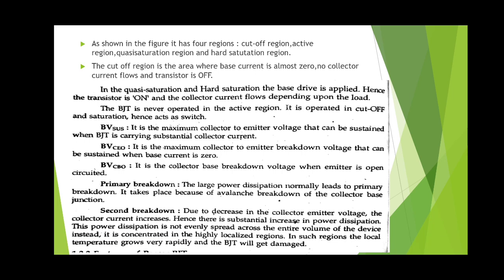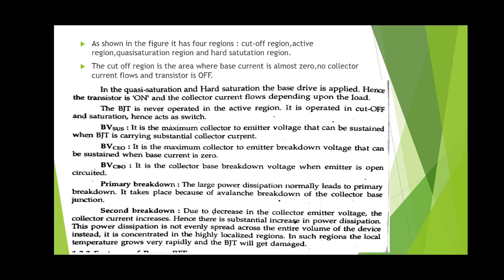When the applied voltage is more, the avalanche breakdown takes place. The large power dissipation normally leads to primary breakdown. In BJTs, the emitter base junction is forward biased and the collector base junction is reverse biased.